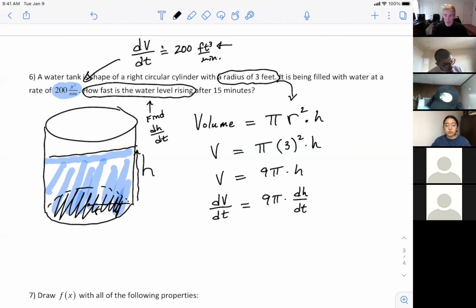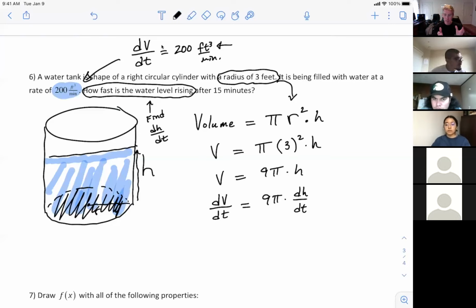When it's a shape that's constant, like this Gatorade bottle, or at least up to there, the shape doesn't change. So if you're filling it at 200 cubic feet per minute, when the height's right there, and right there, it's going to be changing at the same rate.